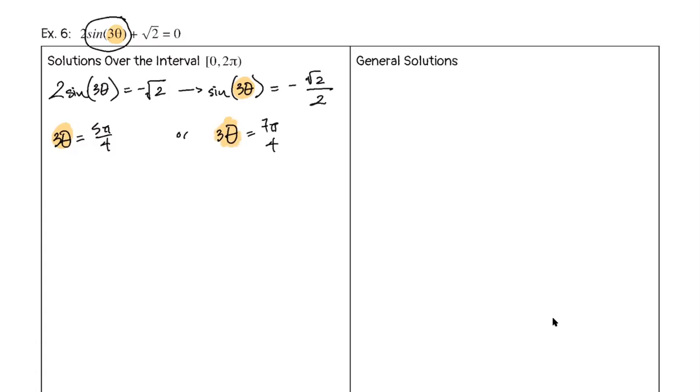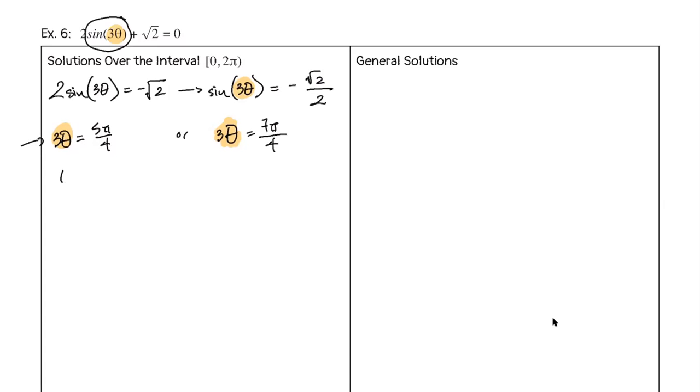Okay. So normally we've solved everything and then we have found our general solution. For these kinds of problems, 6 and 7, I actually find it helpful if we find the specific solutions first, but let me tell you why. When I think about this first one, 3 theta equals 5 pi over 4, how am I going to get theta by itself? Yeah, I divide by 3.